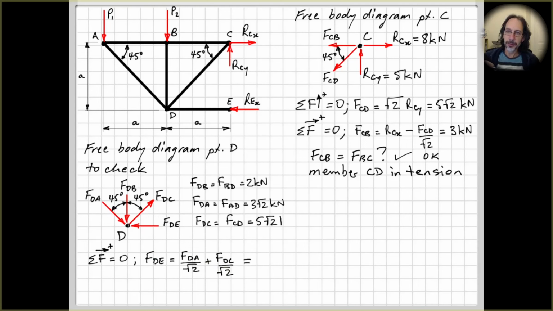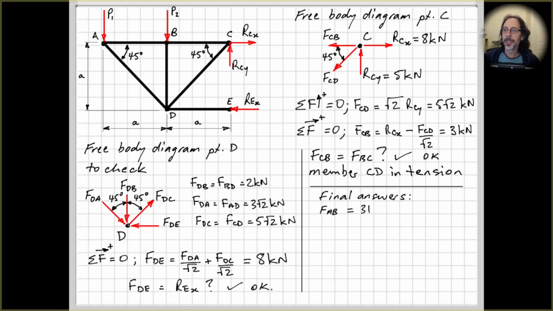And just repeating what we calculated before, so I've just put these in here. Right, we calculated these on the previous page, so we can substitute these into this new equation down here, and we get FDE equals 8 kilonewtons, right, which corresponds to what we calculated before for RCX. So that checks out our solution.